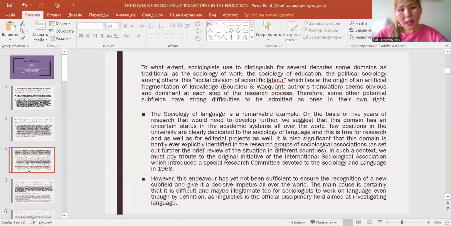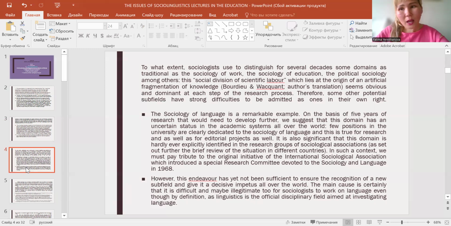What else can we see here? For example, to what extent sociologists use, for several decades, some domains as traditional as the sociology of work. So we have also the term the sociology of work, the sociology of education.